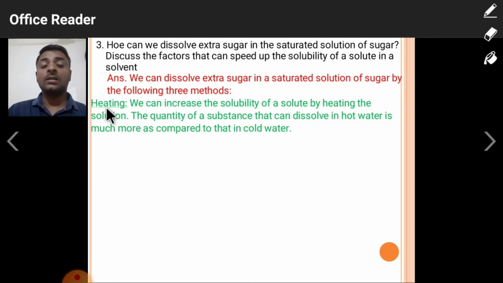First is heating. We can increase the solubility of a solute by heating the solution.